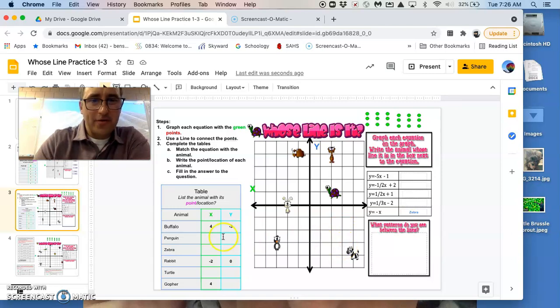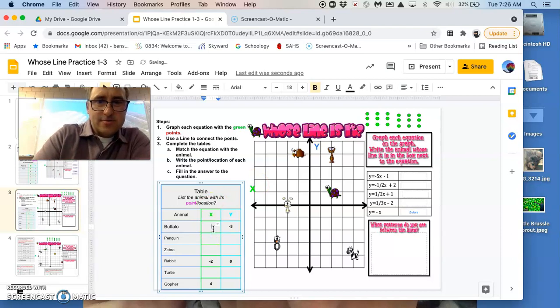Where is the buffalo really? The buffalo is really 1, 2, 3, 4 up. Oh, up is the Y. Up 4 and over 1, but it's 1 to the left, so that's -1.